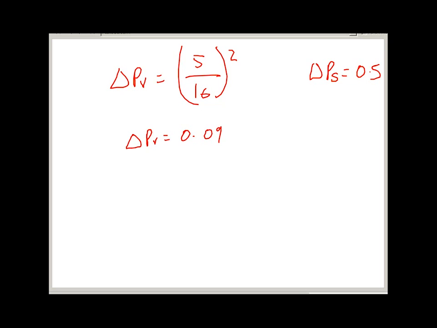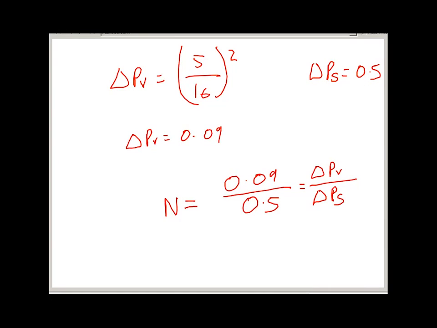Right, so if delta PV is 0.09 and delta PS, the entire system pressure drop, is 0.5, then the new authority is the drop across the valve divided by the drop across the system, delta PV divided by delta PS. So somebody tell me what the new authority is.